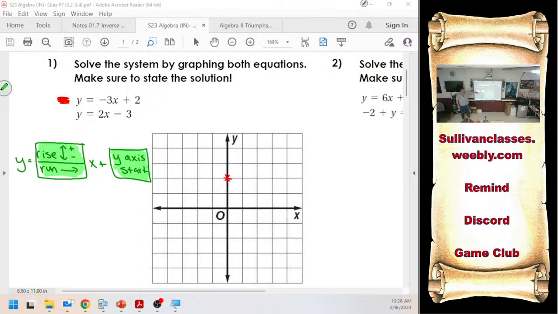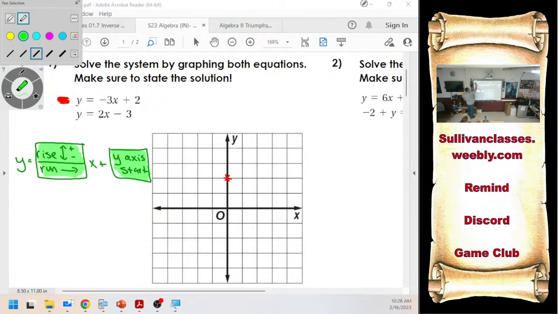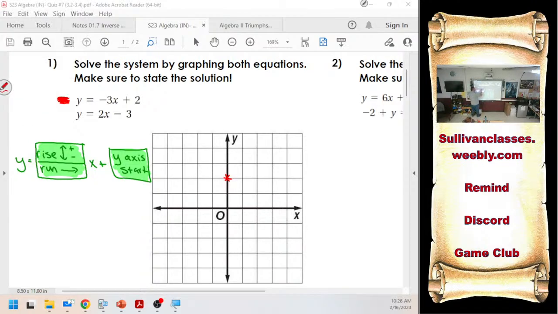these are numbers, it's always going to have a y and an x, but this is my form for how I graph them. So, contestant 1 here is starting at a +2, and then my slope, -3. It's negative, so I know we're headed down, but where's my run? Over 1.